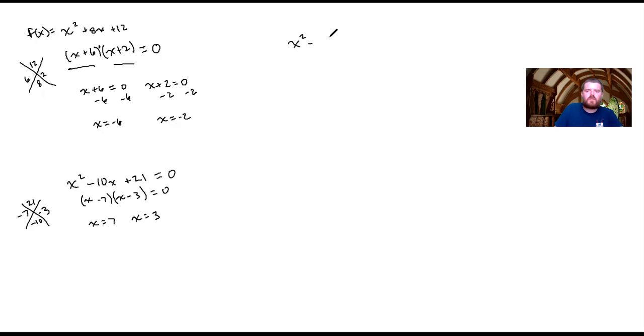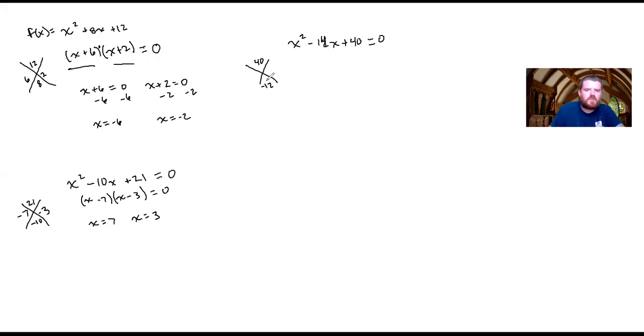x squared minus 12x plus 40 equals 0. Looking for the numbers that multiply to get 40, add up to negative 12. Oh, sorry, let's change this so it's factorable.